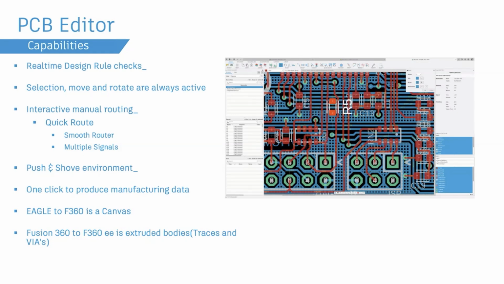It sees the parts, but it's not a true PCB. So the traces and the vias are not actually extruded bodies. So one of the benefits of working with a PCB editor in Fusion 360 is that when you push to 3D, you actually get those traces, those vias, as actually extruded bodies. So that's one of the primary benefits that we have over Eagle.